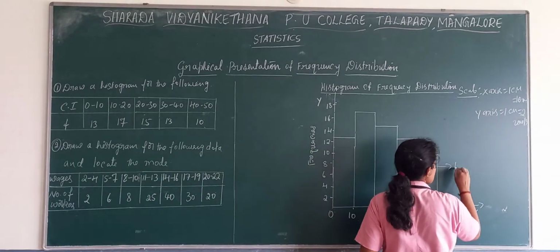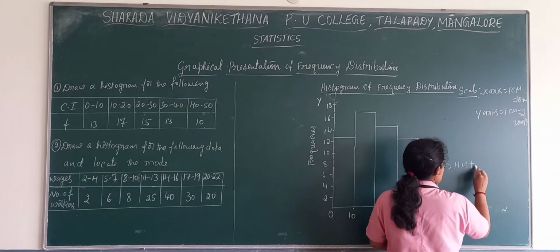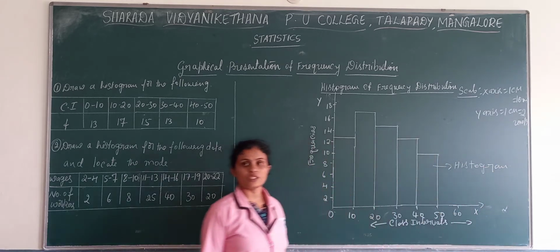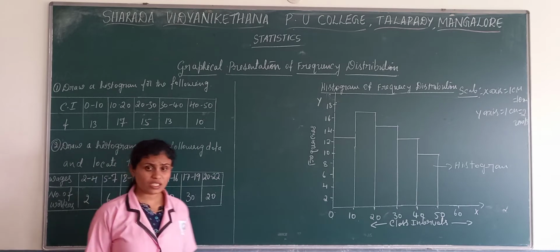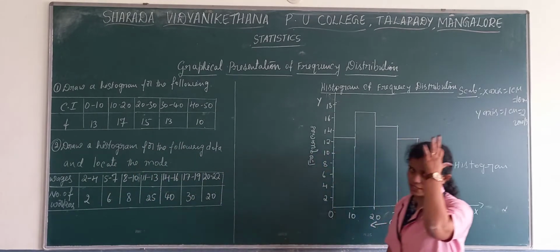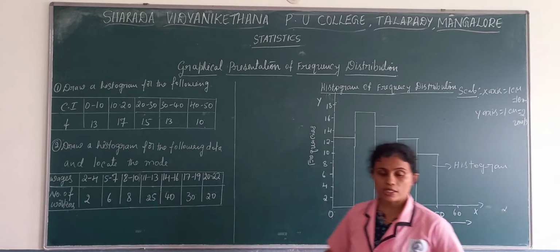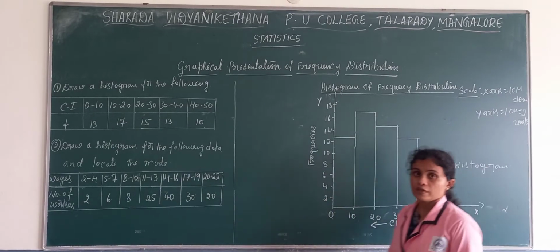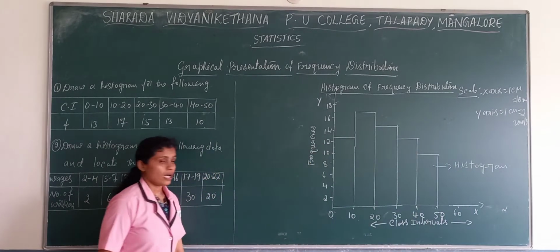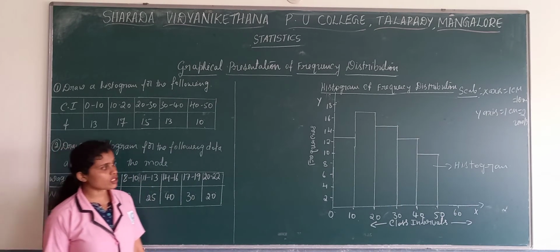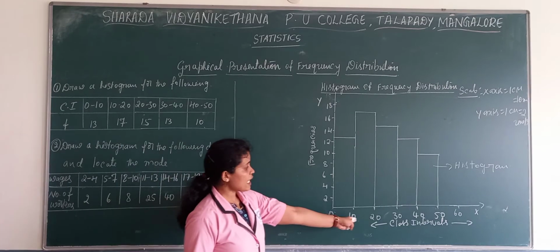This is a histogram. Now there is one more problem, with one more frequency distribution. The first one, I hope you don't have any confusion. This is about a histogram for class intervals.